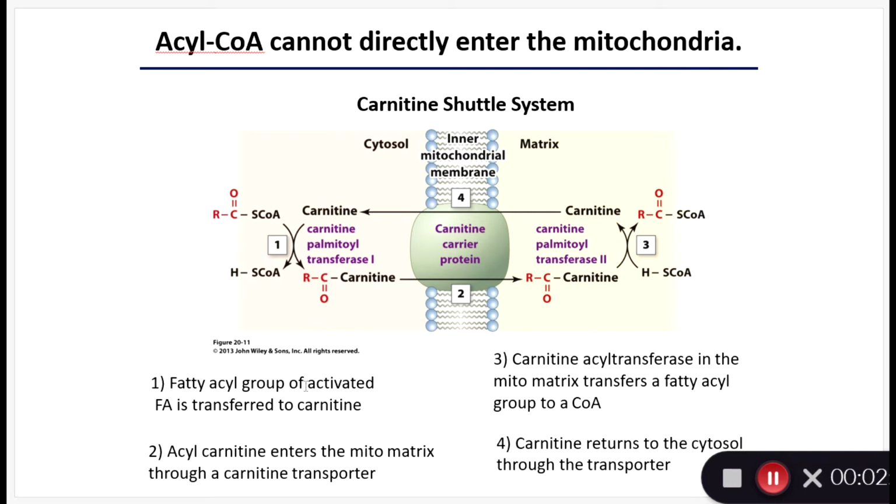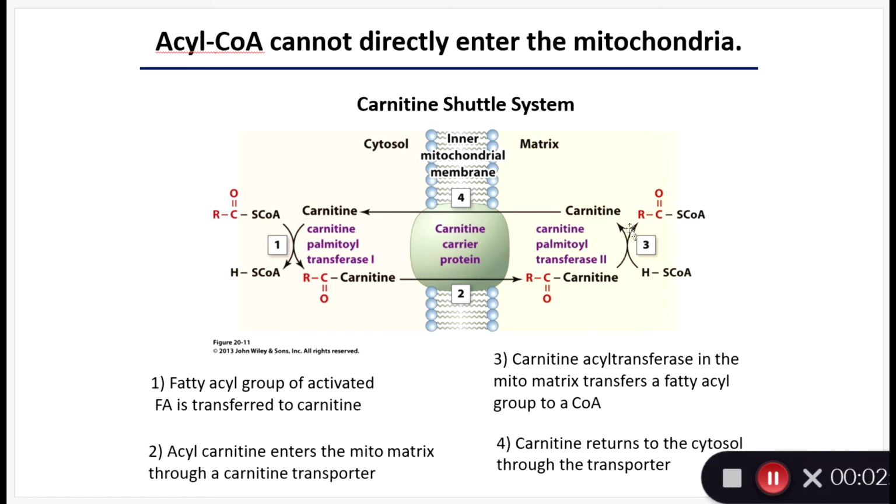And so the fatty acyl group of an activated fatty acid is transferred to a molecule of carnitine. Carnitine acyl will enter into the mitochondrial matrix through a transporter protein embedded within the inner mitochondrial membrane, and also the outer mitochondrial membrane. The carnitine will bind to this carrier protein very specifically, and so this protein only allows carnitine-bound acyl groups to transport across into the matrix.